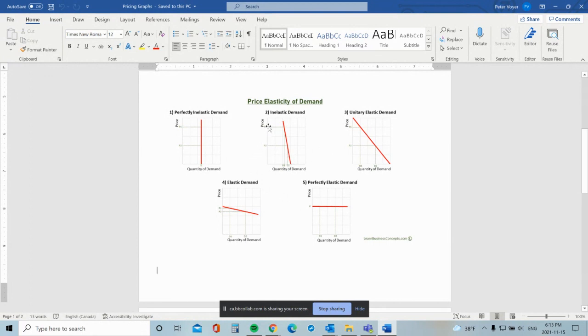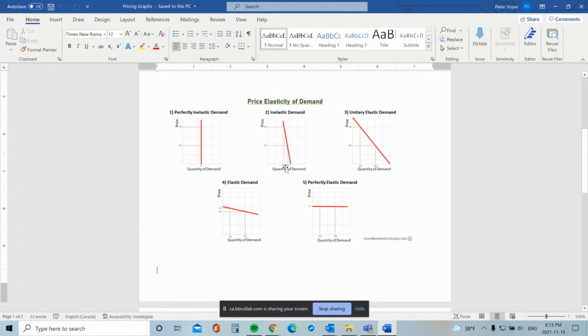Again, if we have a change in price from say P1 to P2, relatively, it is a large change in price from P1 to P2. So we start off at P1, what quantity does that yield? It yields a quantity Q1. We change the price to P2, and what does that yield?